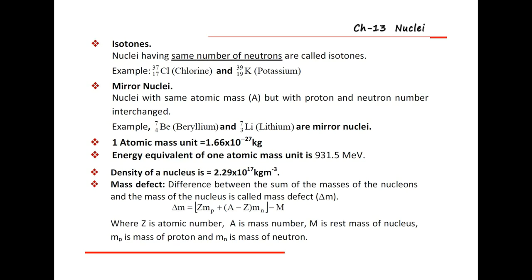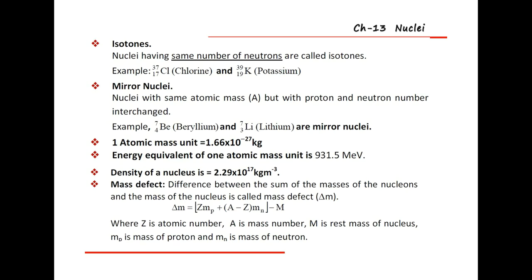Here, 37 minus 17 and 39 minus 19 both give the answer 20. Therefore, they have the same number of neutrons, 20, in this example.